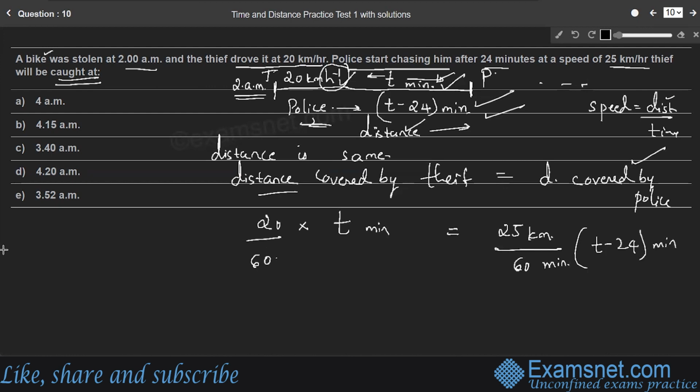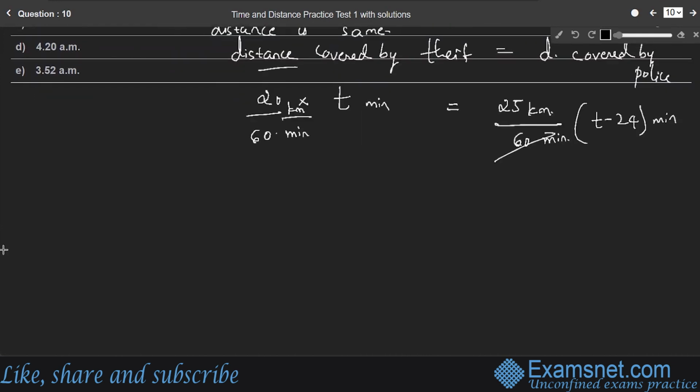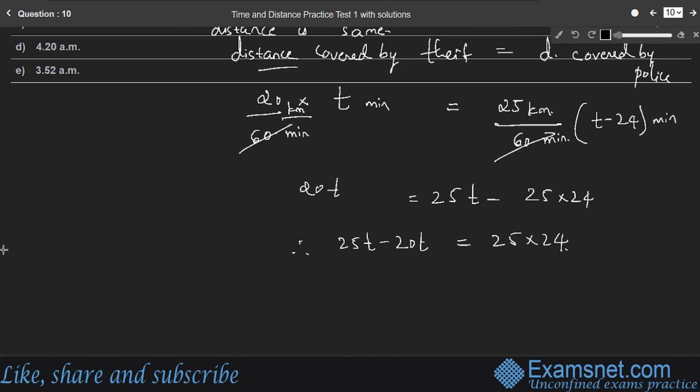Here this time is in terms of minutes. Simplify it, since we can cancel 60 and 60. So 20t is equal to 25t minus 25 into 24, right? Therefore, 25t minus 20t is equal to 25 into 24. So 5t is equal to 25 into 24.